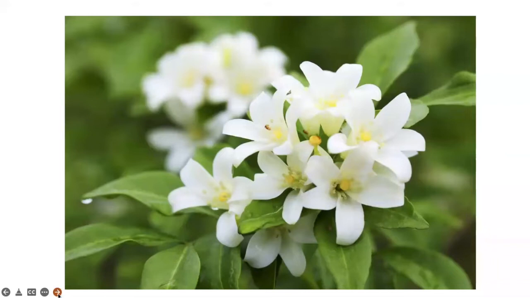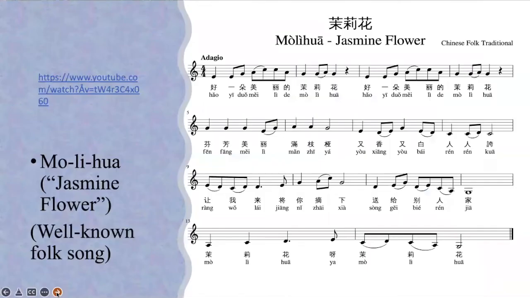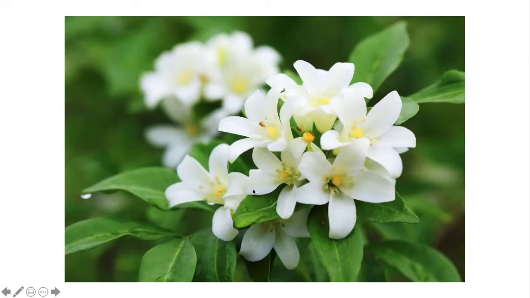This song uses pentatonic scale, which means 5-note scale. There is no fa and ti, so there's no leading tone nor tritone in this kind of scale. Introducing this song is my first part of the lesson today.